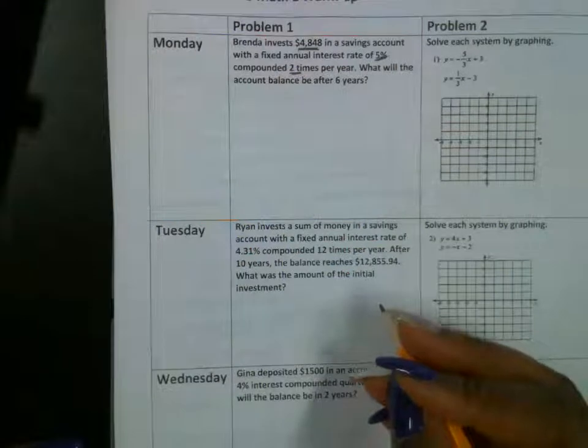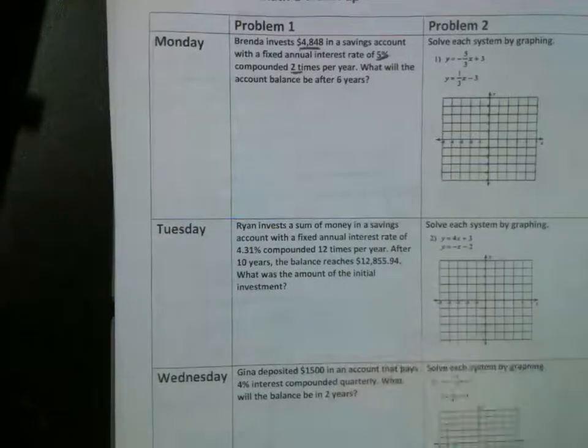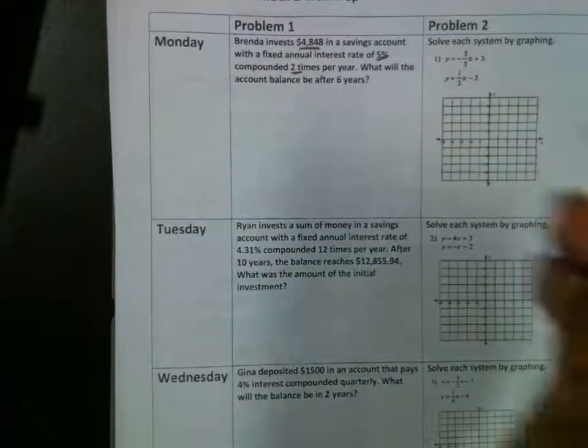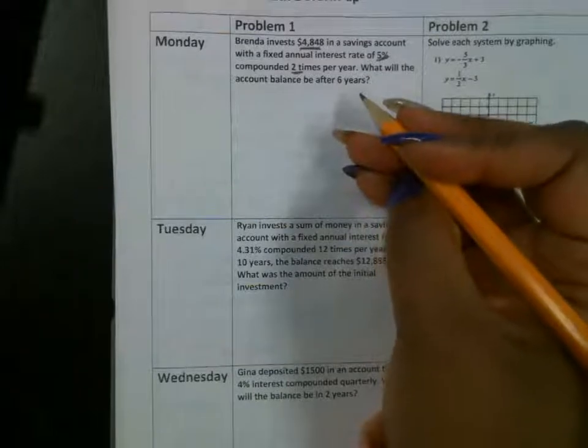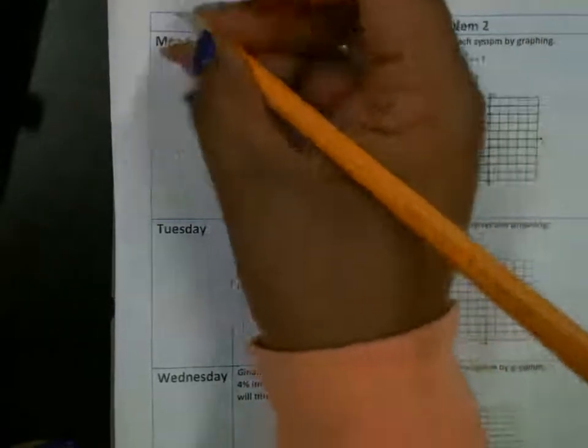What will the account balance be after 6 years? This is exponential growth, but which formula are you going to use for this particular problem? Compound interest, okay? You're going to use the compound interest formula.